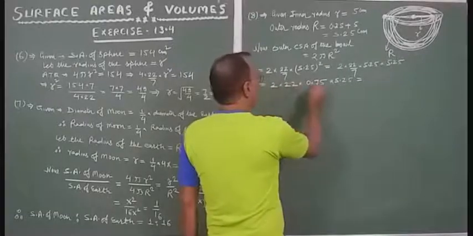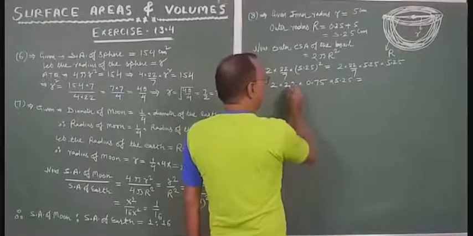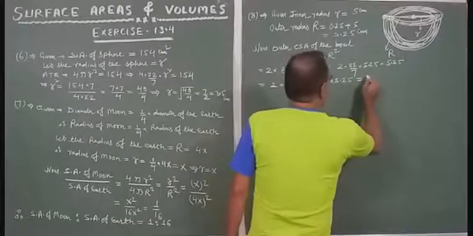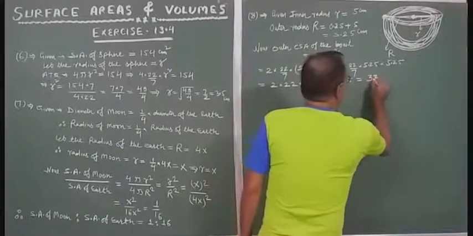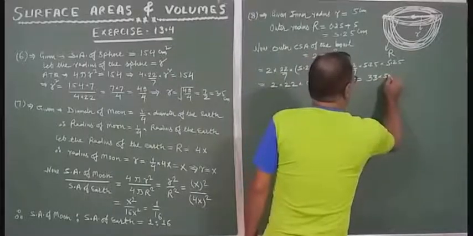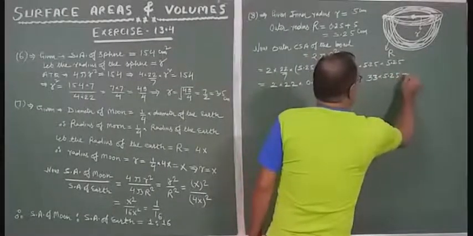This 2 into 0.75 is 1.5, into 22, 1.5 into 22 will become 33 into 5.25.